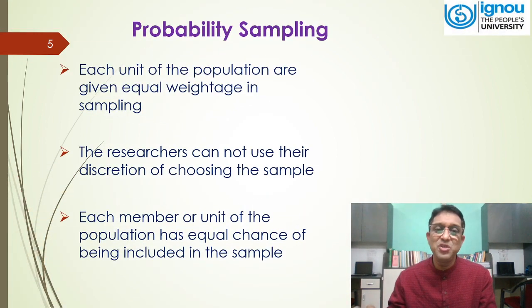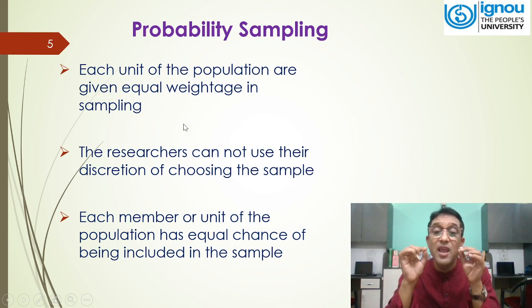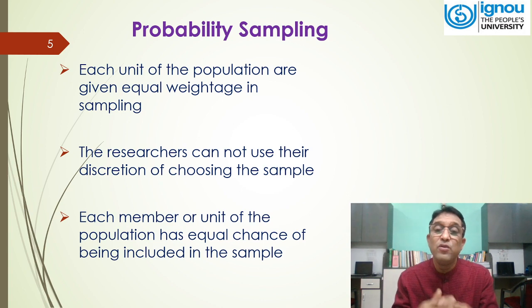So friends, just to recapitulate, I have already discussed the concept of probability sampling. When I say probability sampling, it means each unit of the population is given equal weightage in the sampling. Each and every unit of the population will get an equal chance, equal probability, to be selected to the sample from the population.